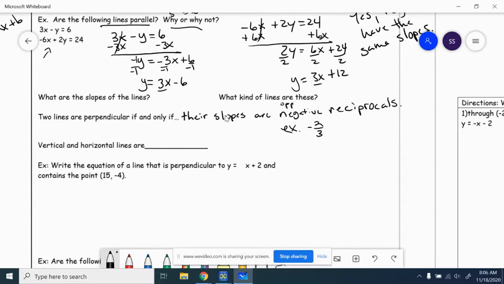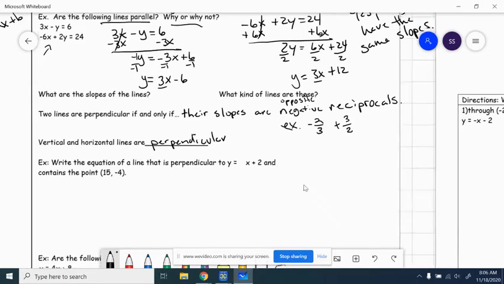Let's write that down. The opposite reciprocal would be +3/2. Okay? And then, as we mentioned before, vertical and horizontal lines are perpendicular. All right. So let's take a look at some examples here.